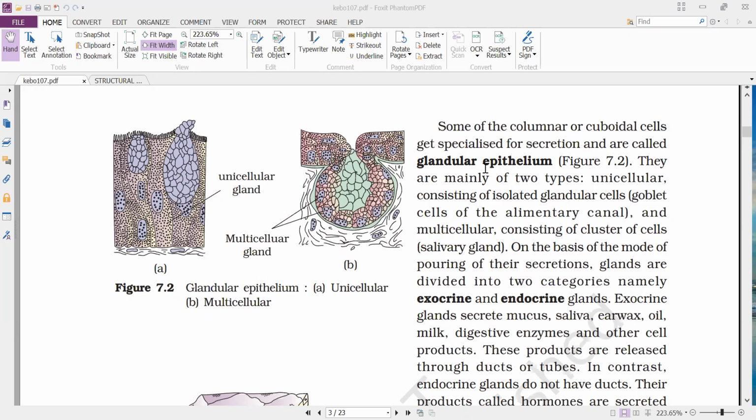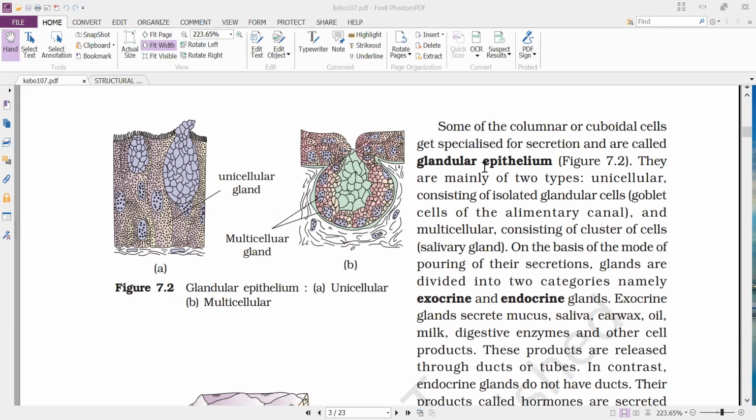Generally they form the outer covering of body parts, like ducts and tubes, and also surfaces like blood vessels, alveoli, or air sacs.